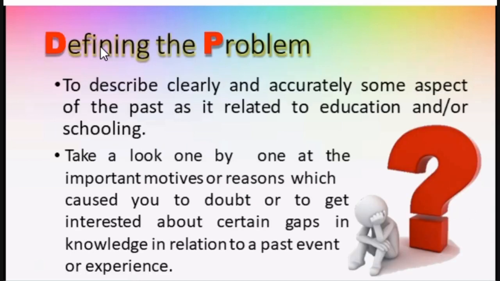Then you have to define the problem, to describe clearly and accurately some aspect of the past as it relates to education or schooling. You have to describe and define a certain aspect of the past, right? Take a look, one by one, at the important motives or reasons which caused you to doubt and get interested about certain gaps in knowledge in relation to the past.